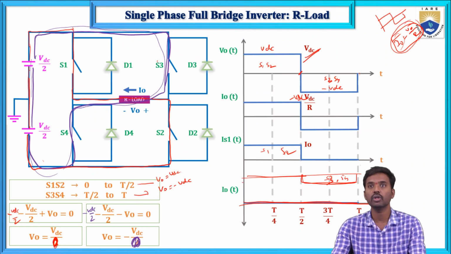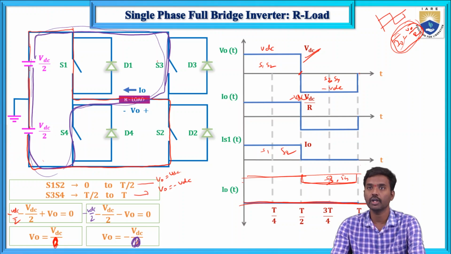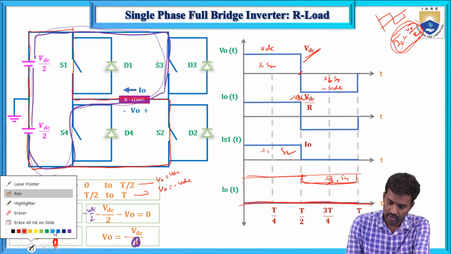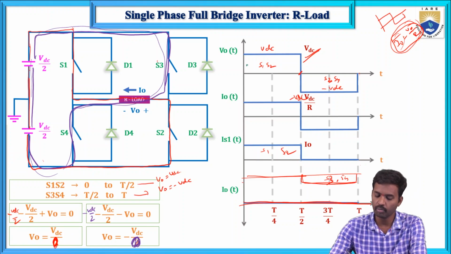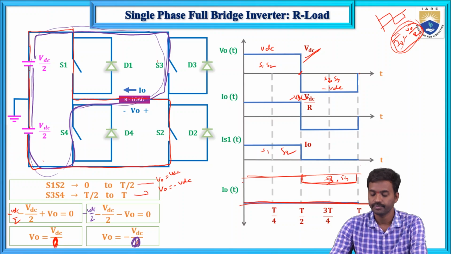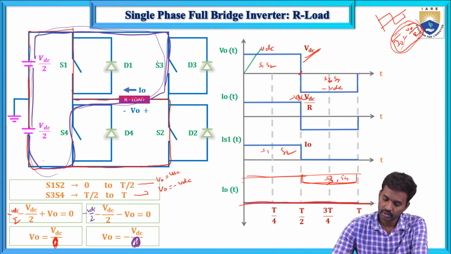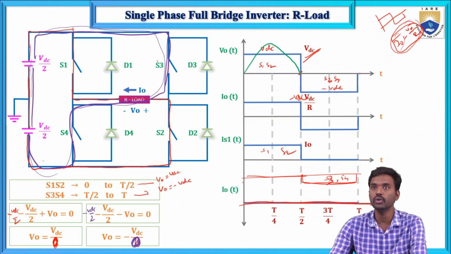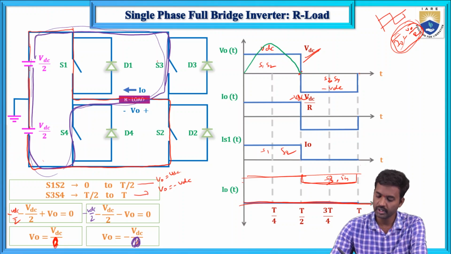Now what about the fundamental component of current, and the fundamental component of voltage? Let me change the color over here. This is the fundamental component of voltage. Any square wave is resolved into a series of sine waves with different frequencies.